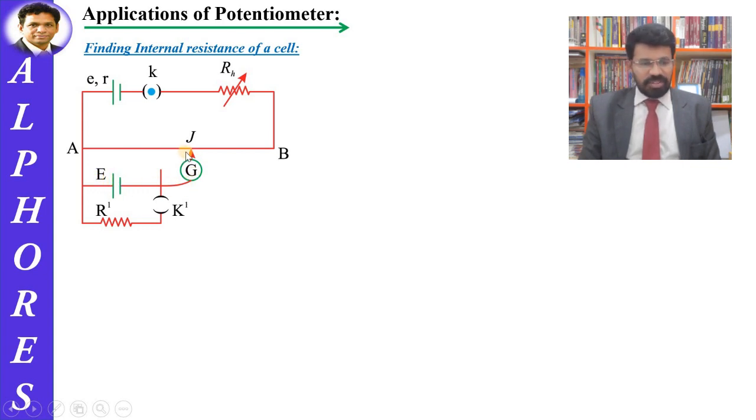This also indicates that when you tap here, for example, let me consider one point, X is the potential gradient. Let us say I have tapped over a length equal to L1, so this point where it was tapped is at a distance L1 from point A. When it was tapped here, let us say the galvanometer is not showing deflection.